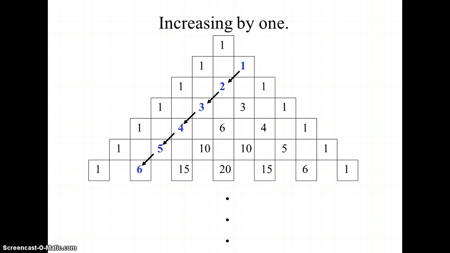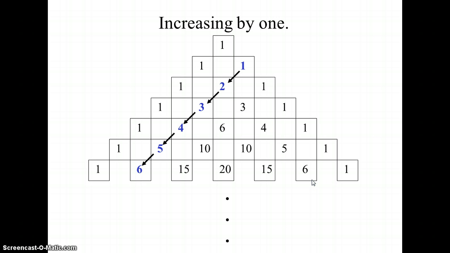If I go diagonally, starting with the 1 in the second row, I can add 1 going down. 1 plus 1 is 2, 2 plus 1 is 3, 3 plus 1 is 4, 4 plus 1 is 5, 5 plus 1 is 6. And it also works in the opposite direction.